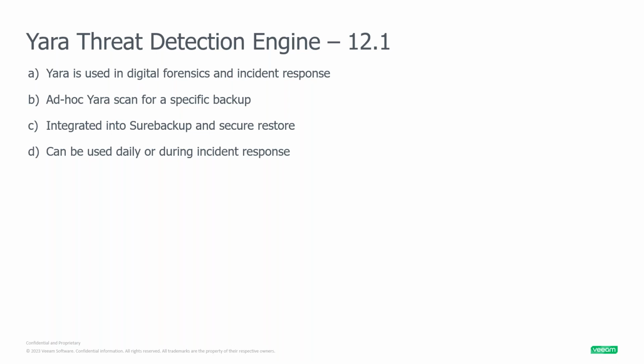So you can periodically set a certain condition to be scanned in order to perform the ad hoc scan, so that you know exactly that this particular restore point is clean for restore. You can use it daily, or for scanning during incident response, working in tandem with your security analyst, right? So this is found in 12.1.